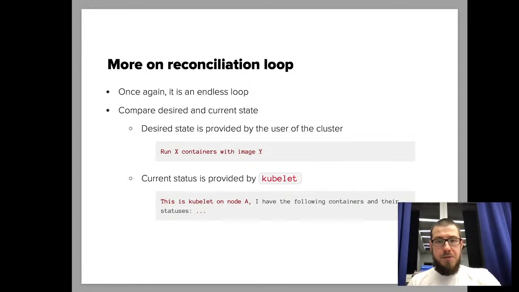So it says, I would like to have 5 containers running. Kubelet provides information about which container is running and which is not, and a reconciliation loop inside the cluster decides which containers we should run. For example, if a container has failed completely and crashed, the reconciliation loop sees its state as terminated and schedules one more container to be run.